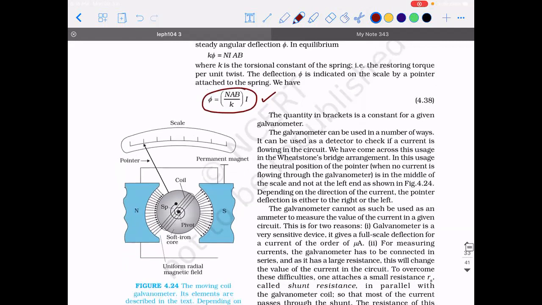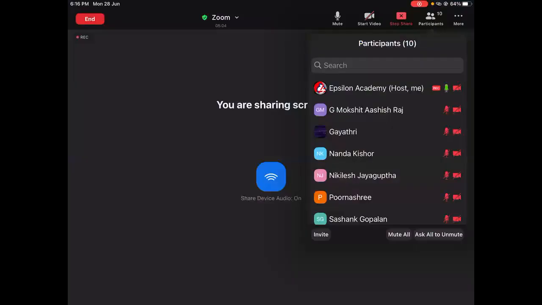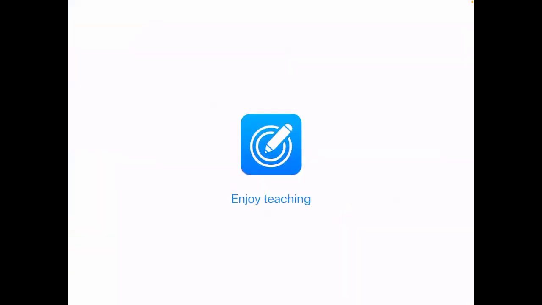Now, the question is, last class I told you one important point with respect to a galvanometer. What is it?